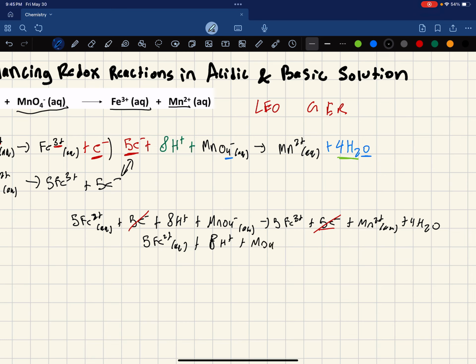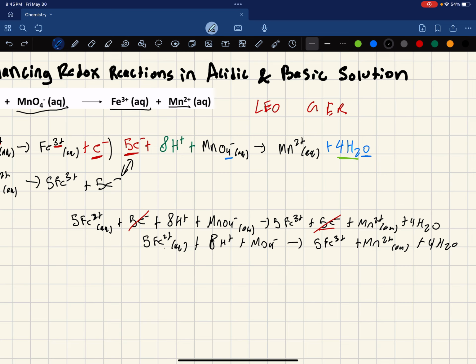And a way I like to check to know if I got this right is you look for the charge on both sides. So this side has a 2 plus charge. Oh no, sorry. This is 2 plus 8. No, wait.